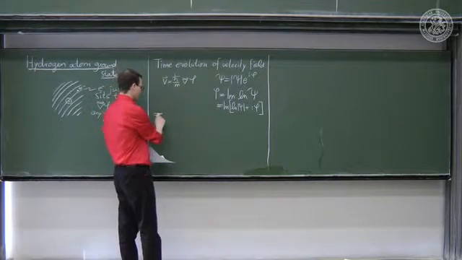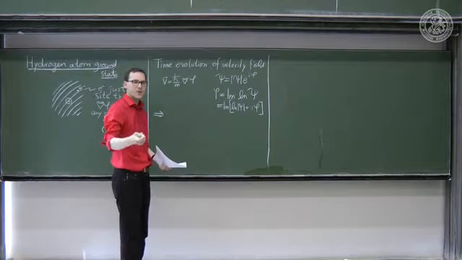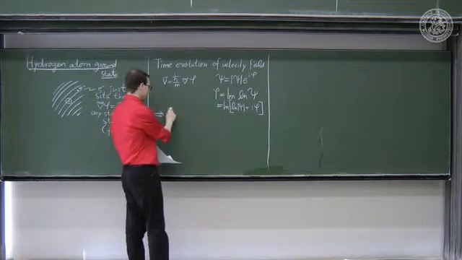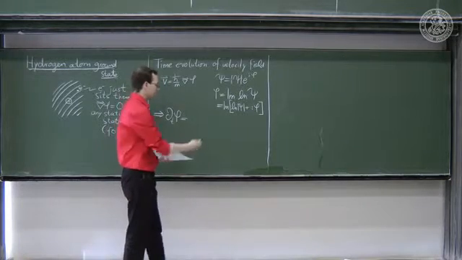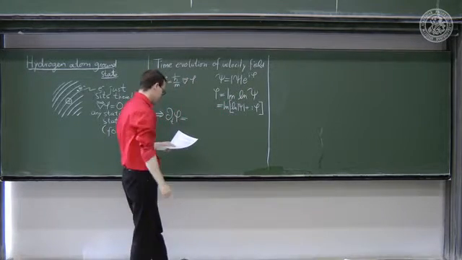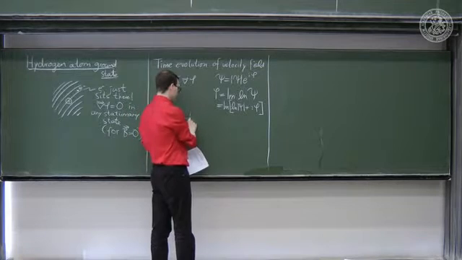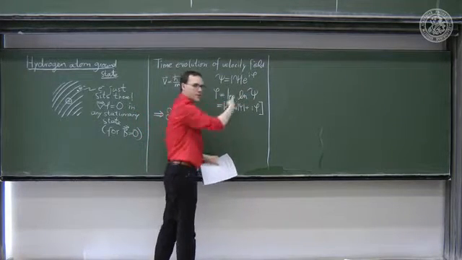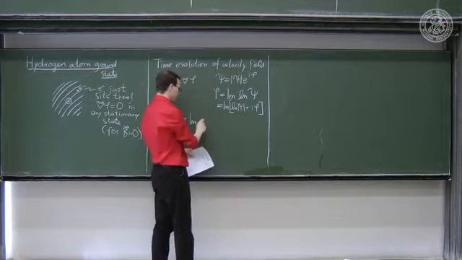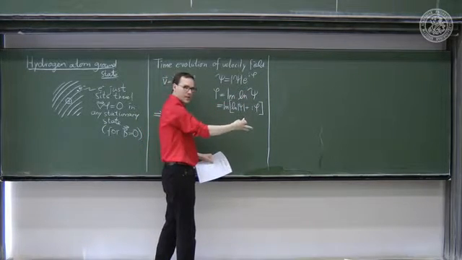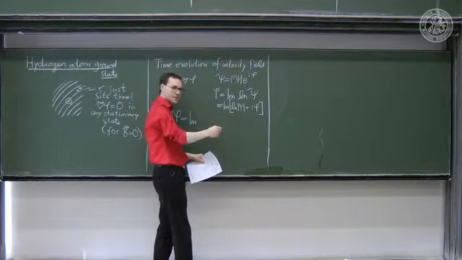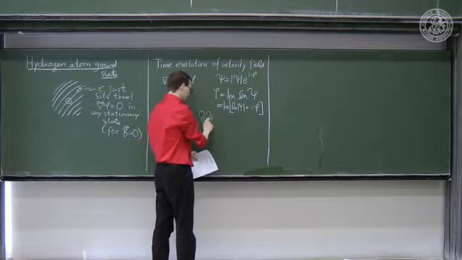This is probably a calculation which we have to finish next time, but if I take the time derivative of the phase, I start from this expression: it's the imaginary part of the time derivative of the logarithm. The derivative of the logarithm is 1 over psi, and then I have to differentiate psi itself. So dt psi over psi.